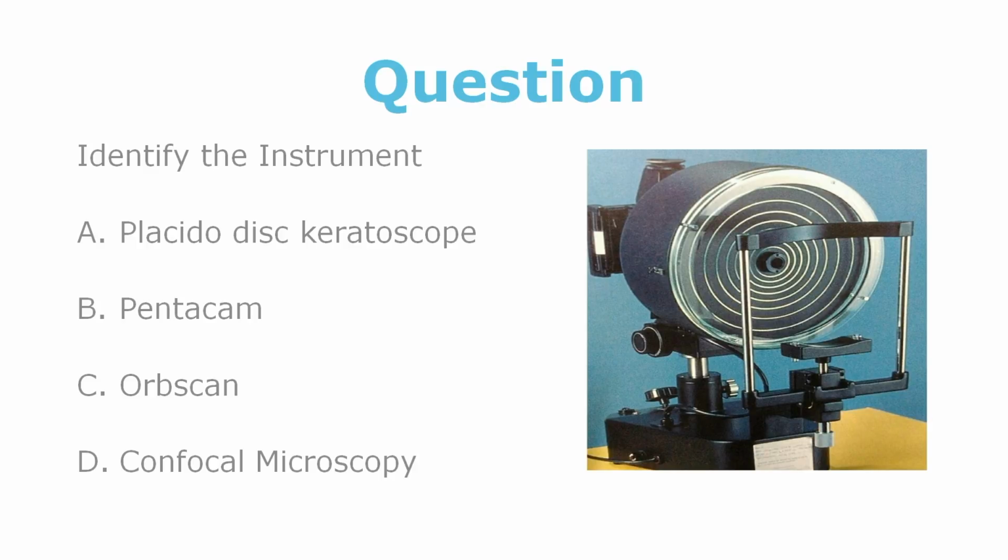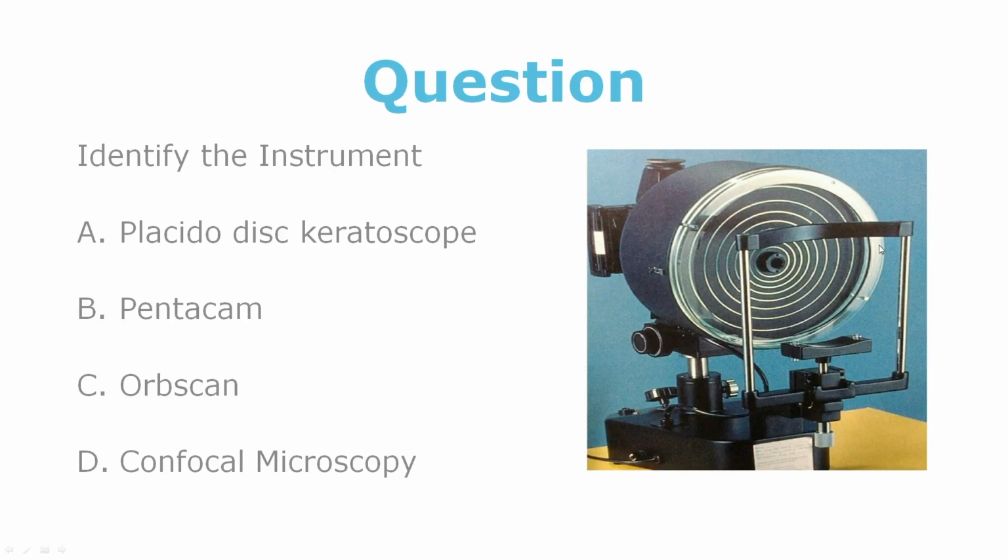Option D, that is the confocal microscopy. Confocal microscopy is basically an optical biopsy of the cornea. This means that if there are some problems in the stroma, let's say some fungal infection or some dystrophy, then it can basically take an optical biopsy of the cornea and tell you where these regions or any degeneration or any deposits are there in the stroma.